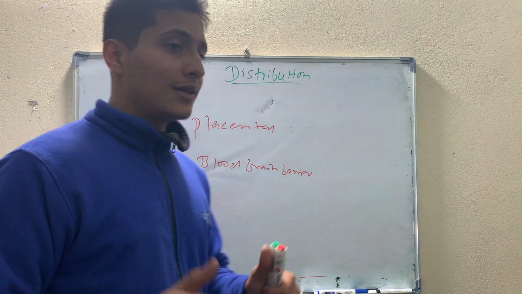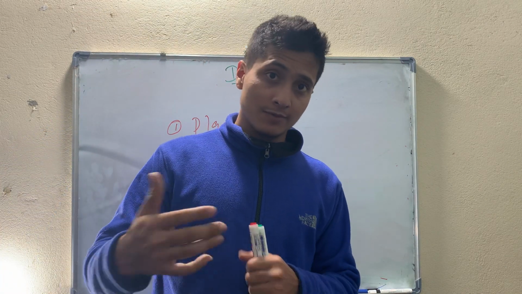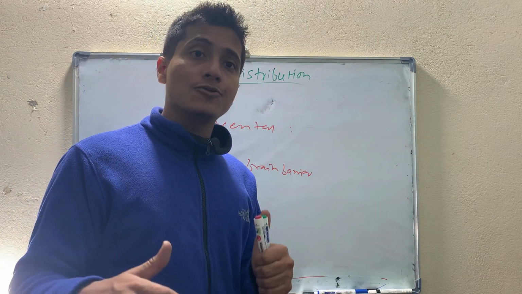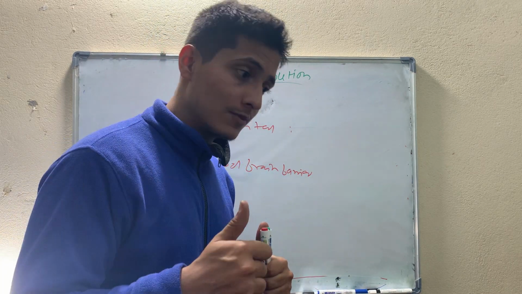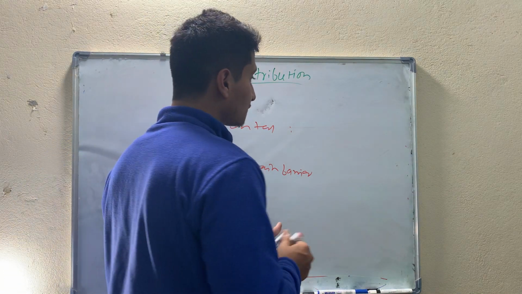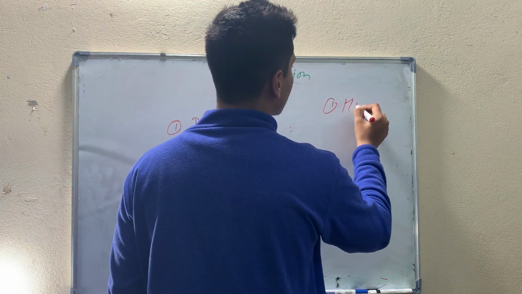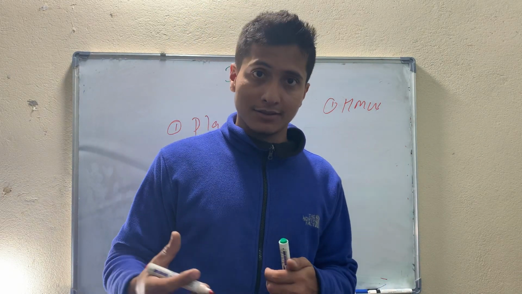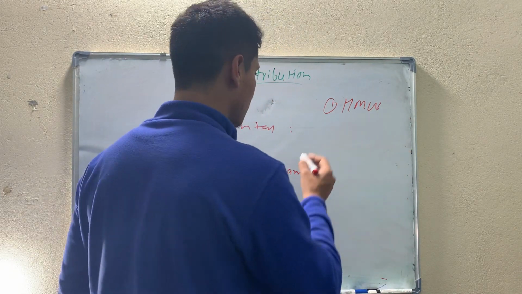So what if you wanted to give a drug to pregnant women? How can you make a drug safer in pregnancy? First of all, if you have a high molecular weight drug, then that obviously has a larger molecular size, so it cannot pass the placenta.